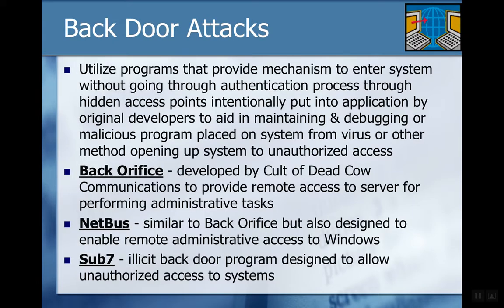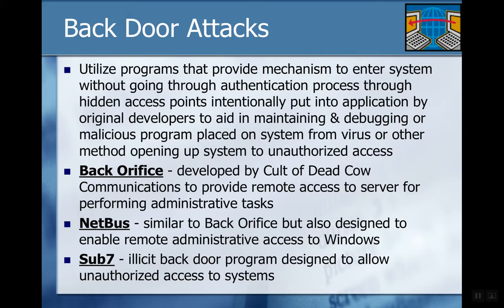Now backdoor attacks are mechanisms that allow an attacker to get into the system without going through the normal authentication process. A lot of these things are pre-built, established, and developed by developers. So part of the challenge is, in your software development processes, to look for and evaluate these through code review and things of that nature.